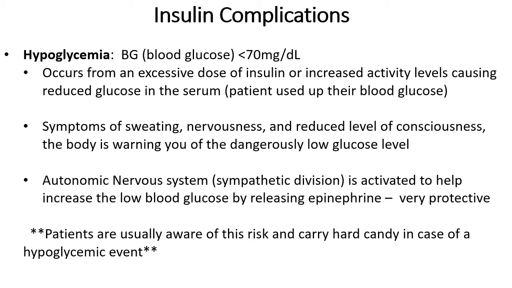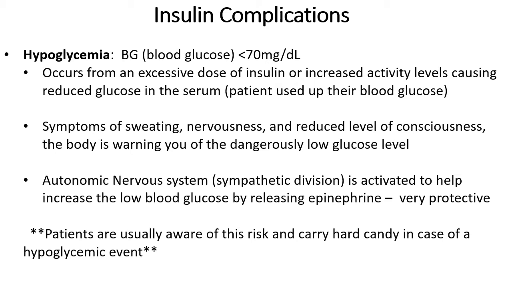The reduced level of consciousness and the increasing confusion and the decreasing level of alertness is the brain saying, I can't stay alert if I don't have glucose. Okay? So the autonomic nervous system is definitely activated when your blood glucose level starts to drop.